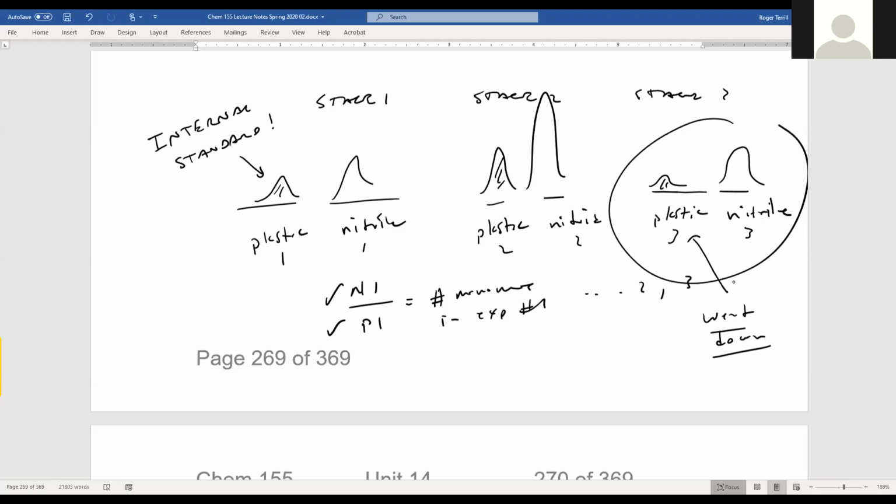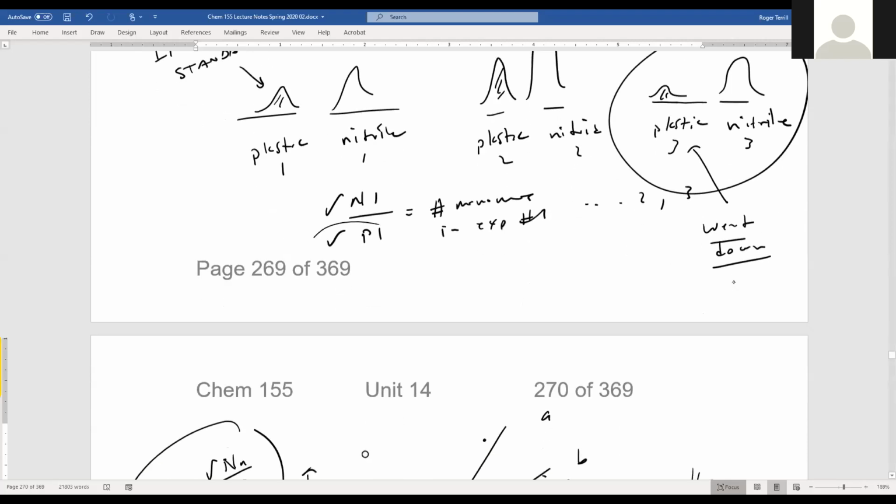So you have this peak that you can resolve from the analyte peak, the nitrile peak, and you standardize everything to that internal standard by dividing out by that plastic peak.